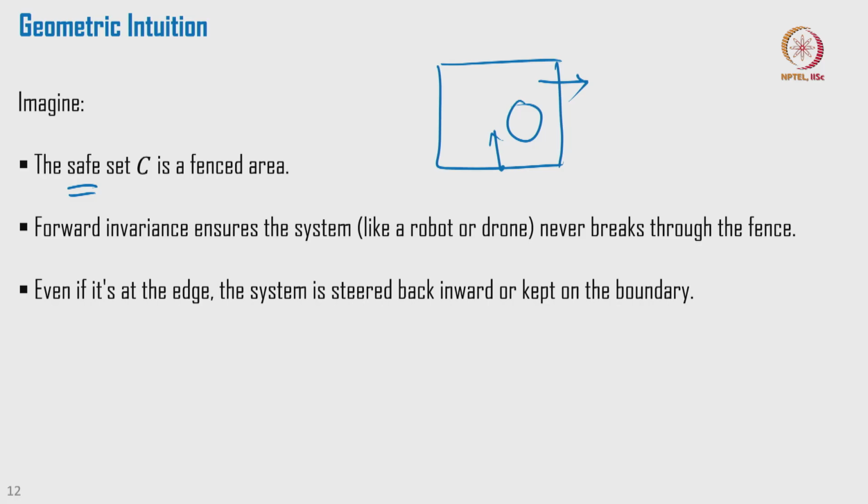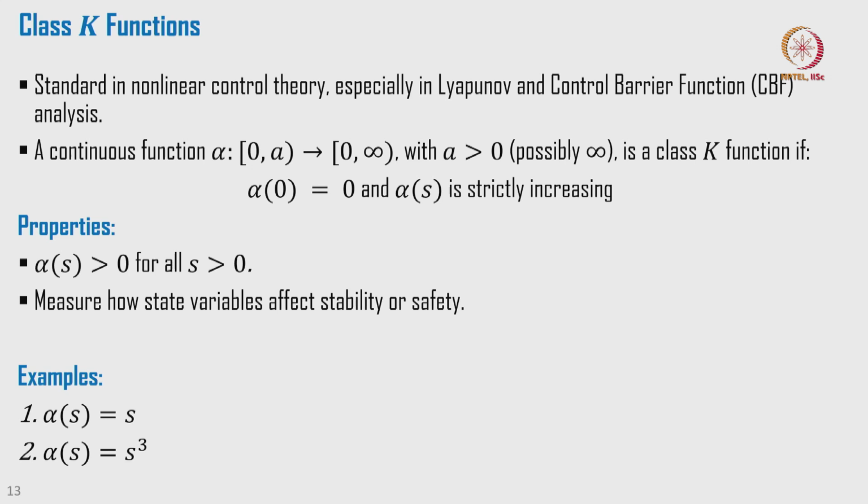Okay, fine. Now there are two important concepts of class K and class K infinity functions. I would just define it, and I encourage the students to go through the material to have deeper understanding. So a continuous function alpha defined like this, with this value a greater than 0, is a class K function if alpha 0 is equal to 0.